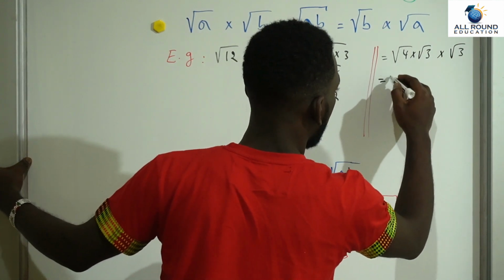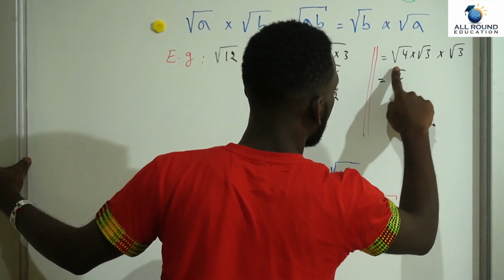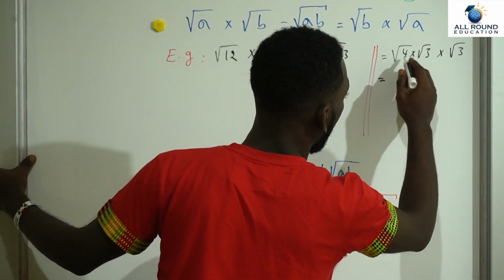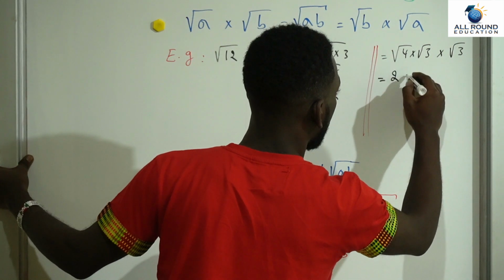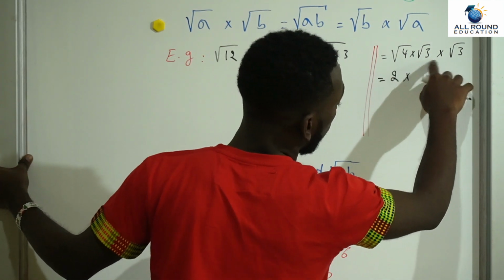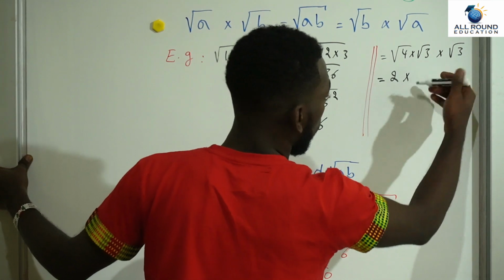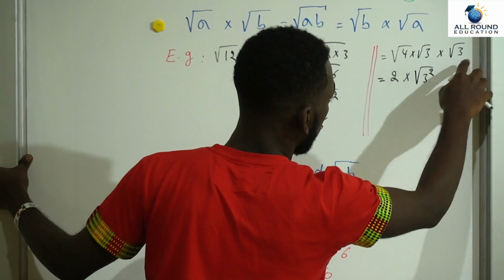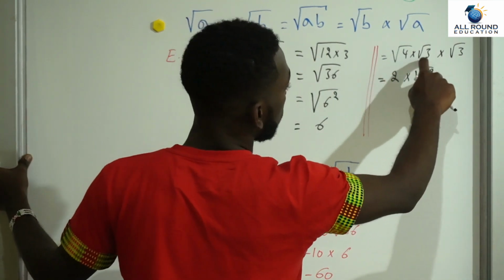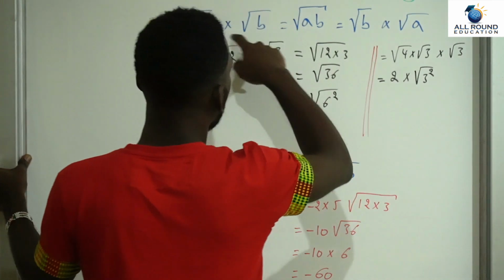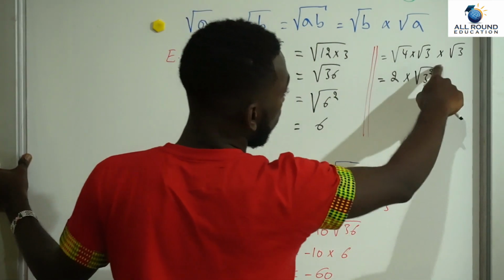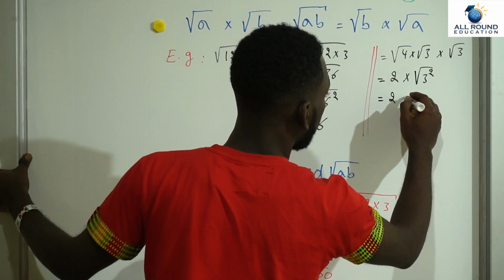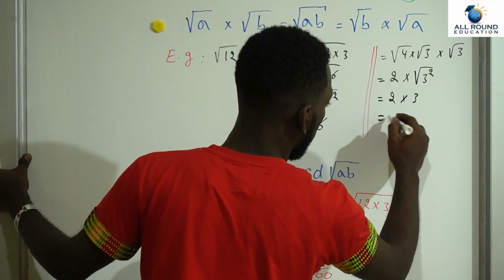The square root of 4 is just 2, and then when you have a square root times itself, you get just 3, or alternatively you could write 3 squared. So here this is our a, this acts like b, and when you do that you get a times b, which is 9 in this case, or 3 squared. Then the next line you have 2 times 3, and you get 6.